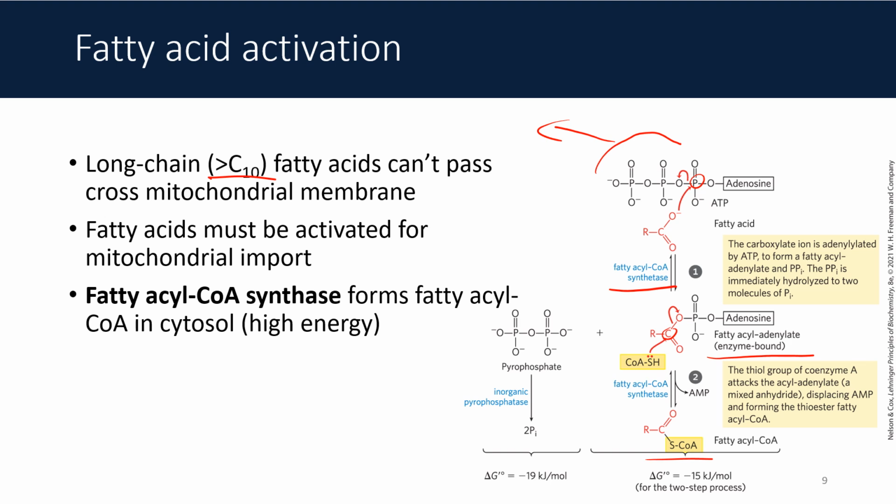And the whole delta G of this reaction is negative 15 kilojoules per mole, and that is due in part to the hydrolysis of the ATP molecule that helped kick this all off.